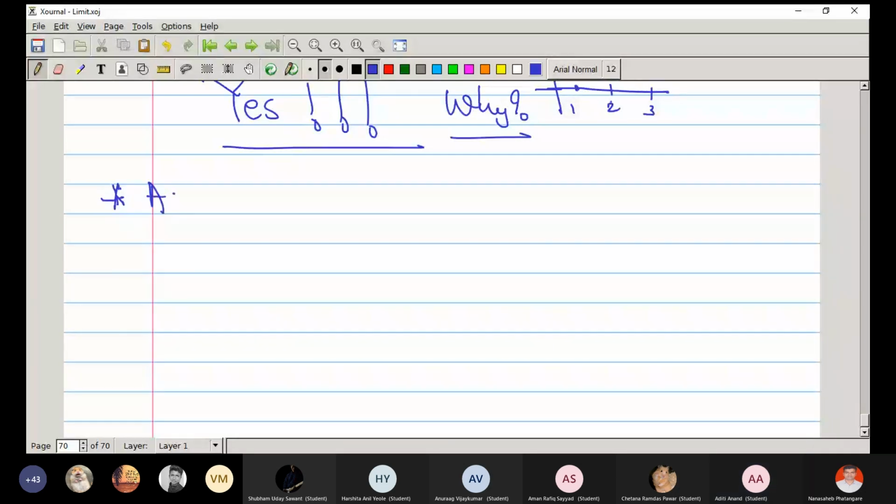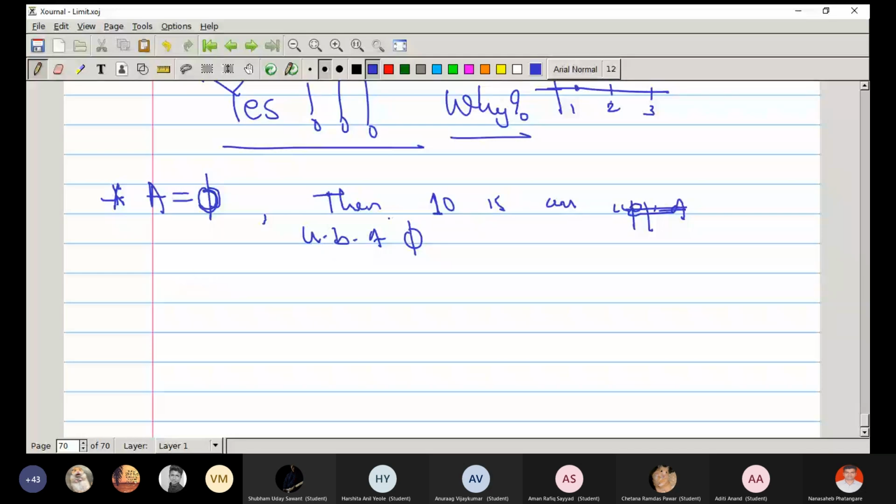So if A is equal to the empty set, right, then 10 is an upper bound of the empty set. Do you agree? Yes, sir. Okay. So some number is not an upper bound means what?